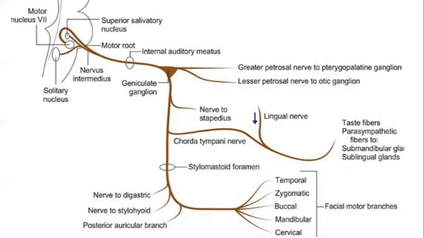We saw it arises from the LN and the SSN nucleus, if you remember. So what happens in crocodile tear syndrome is, say suppose there is some damage to the parasympathetic fibers supplying your submandibular gland and sublingual gland.